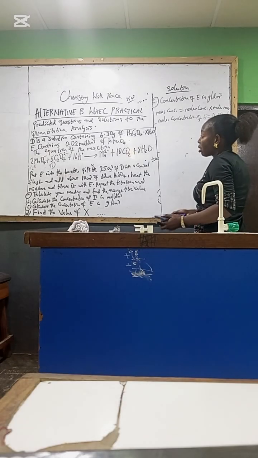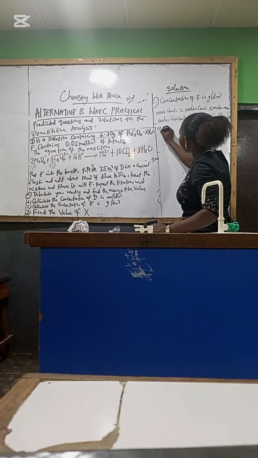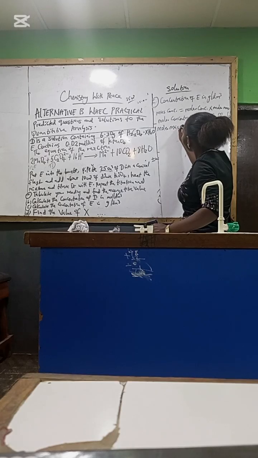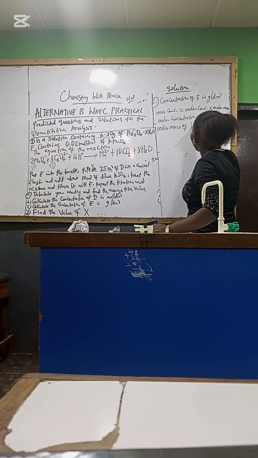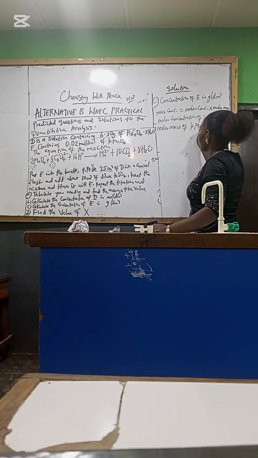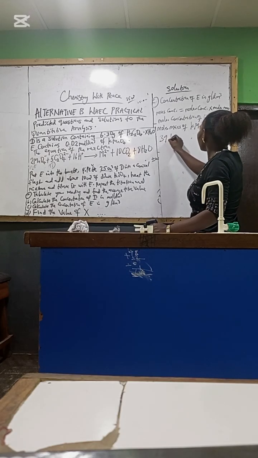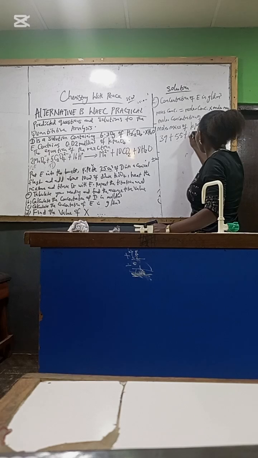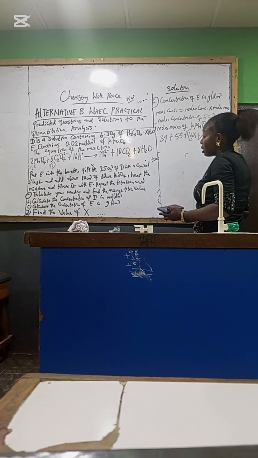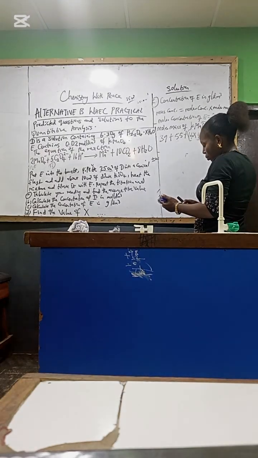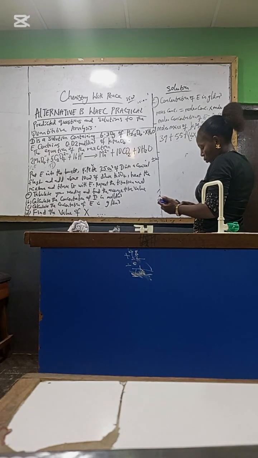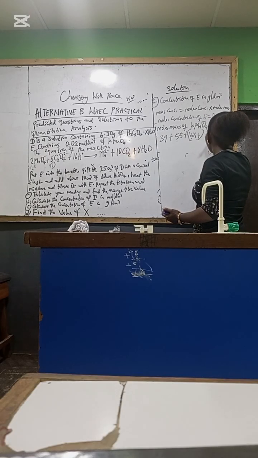Then the second one, molar mass. Molar mass of KMnO4 is equal to mass of potassium 39 plus 55 plus 16 times 4. Please use your calculator and tell us what you are going to get. 158 gram per mole.